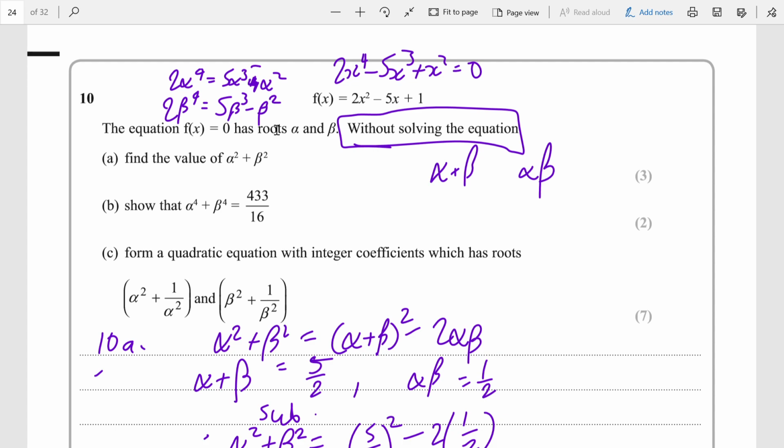So what I suspect is that if we add these up together, we would get on one side 2 alpha 4 plus 2 beta 4, which we'd be able to factorize this 2 out, and on the other side we'd get 5 times alpha cubed plus beta cubed, which we know how to get normally, and minus alpha squared plus beta squared. Then we'd be able to get alpha 4 plus beta 4.